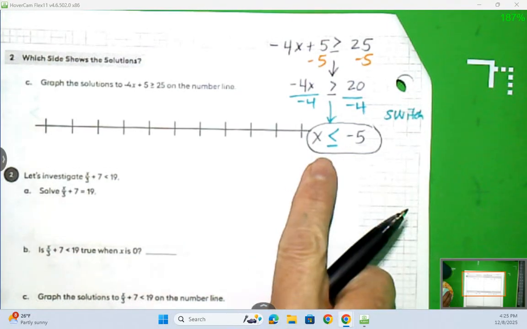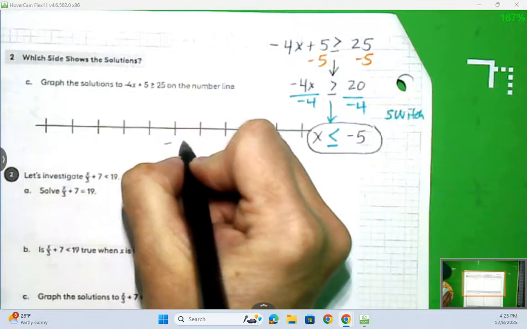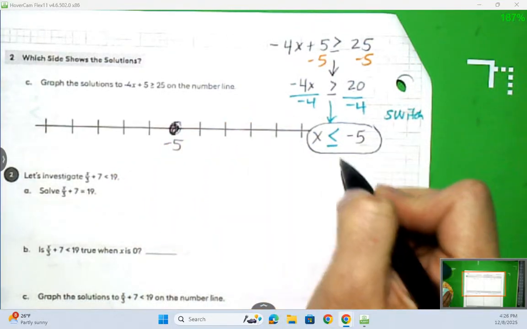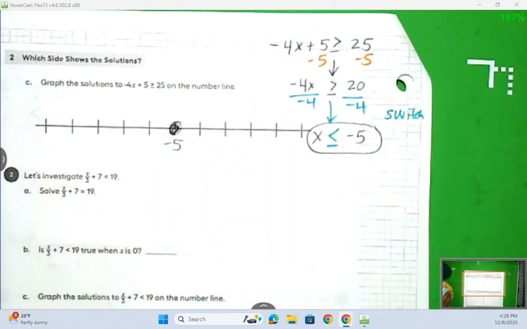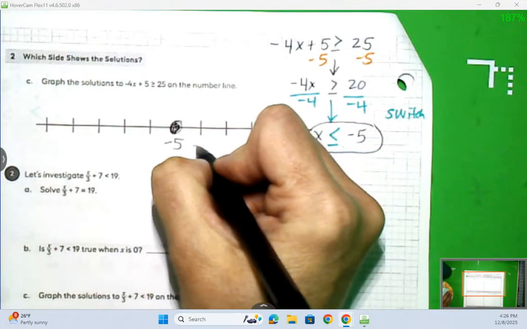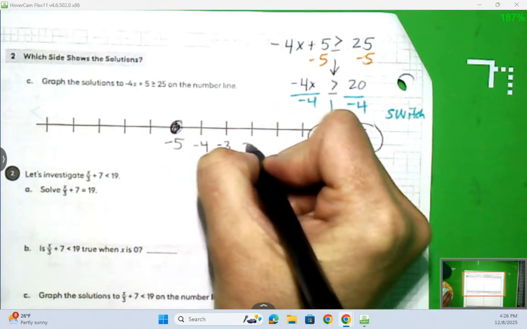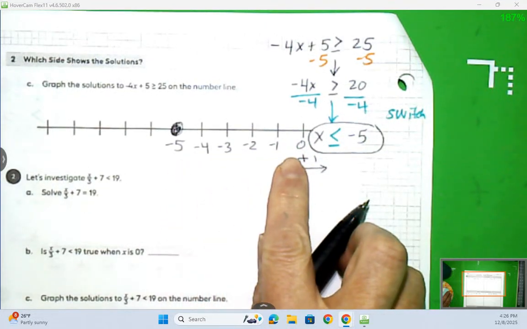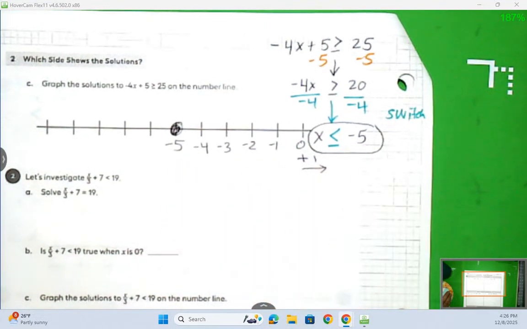Okay, they want us to graph this, so we're going to put negative 5 in the center of our number line. It's going to be a filled in circle because it also equals. Ordering our number line in the positive direction, we're going to add 1. So this will be negative 4, negative 3, negative 2, negative 1, 0. As we're adding 1, we're getting less negative and closer to the positives.